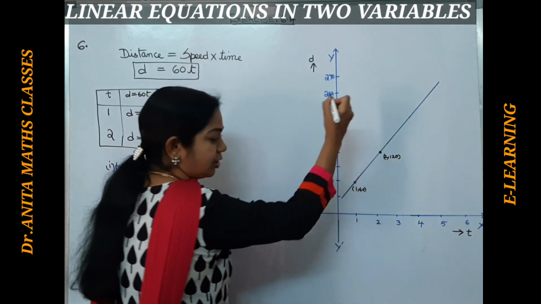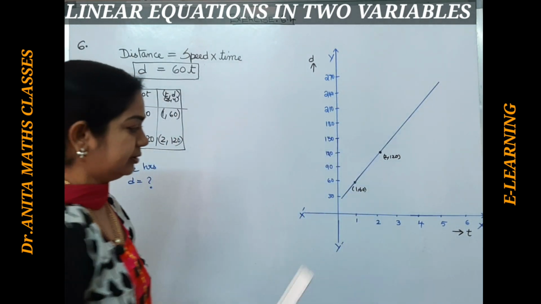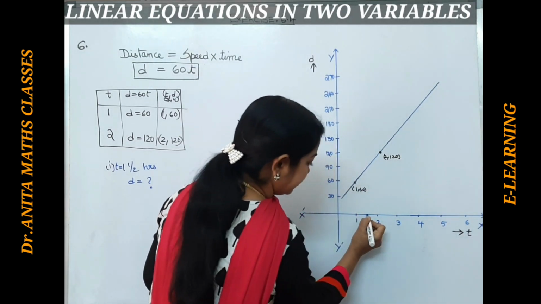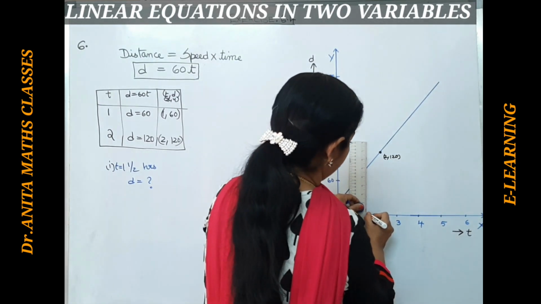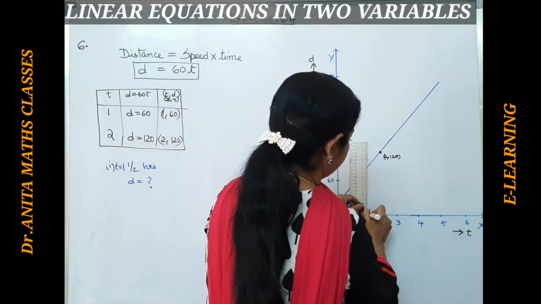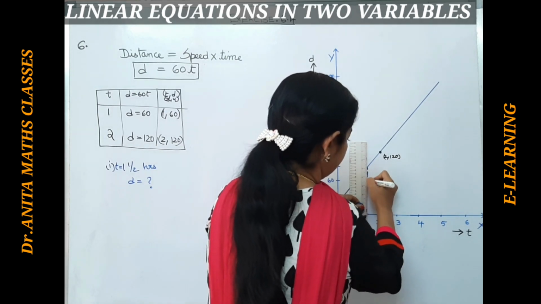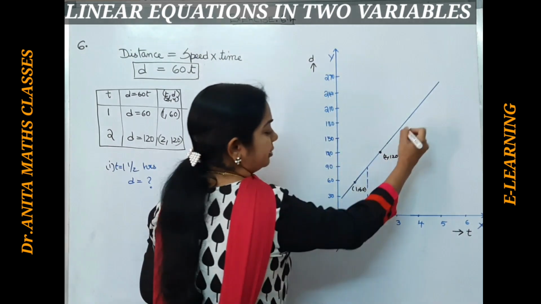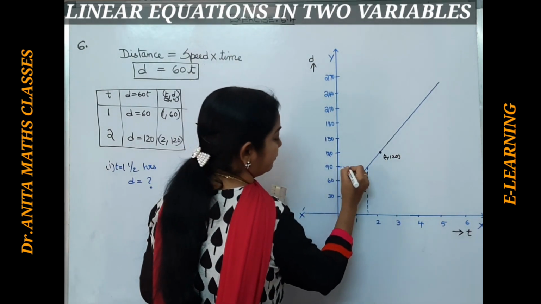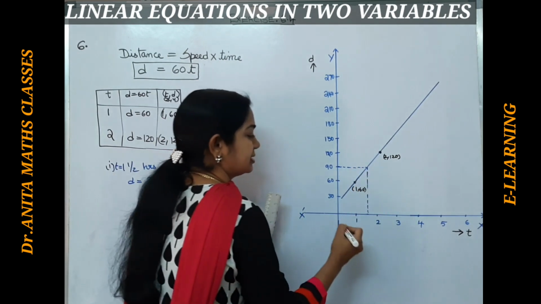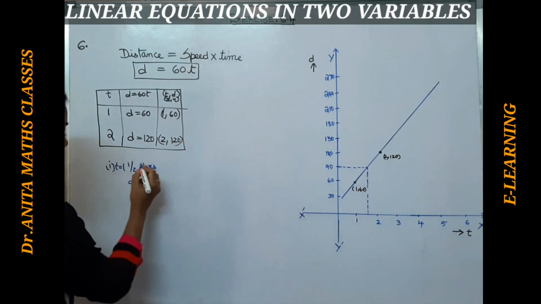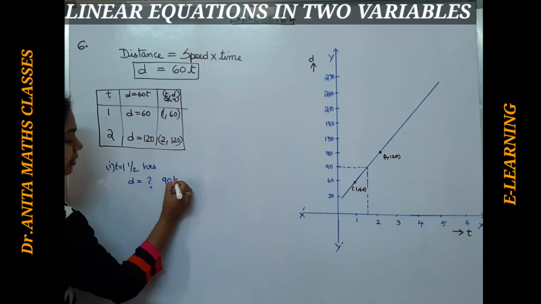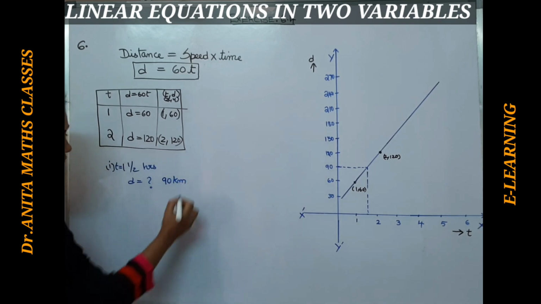From this point draw a line straight, parallel to the y axis. It will touch our graph at one point. From there if you draw a line to the y axis, that is 90. So the distance travelled is 90 kilometers from the graph.